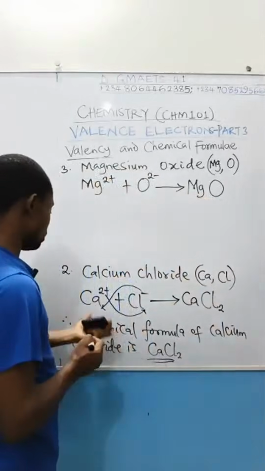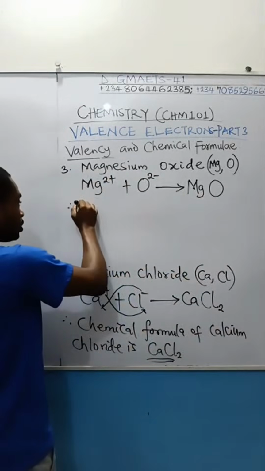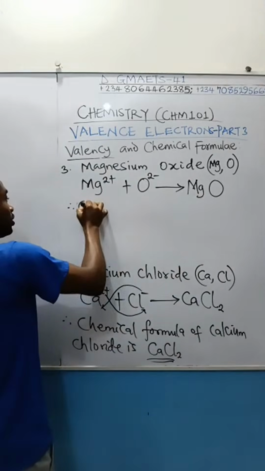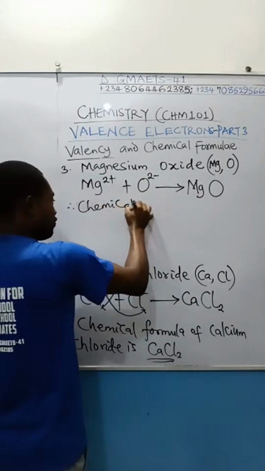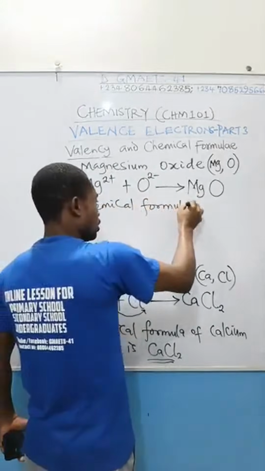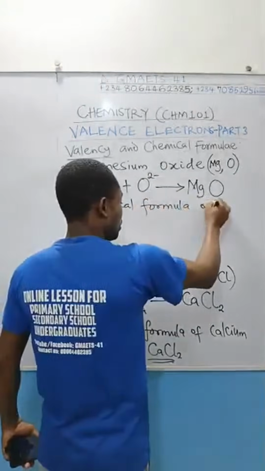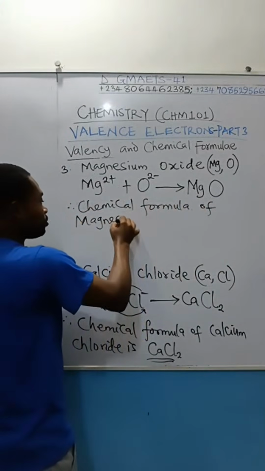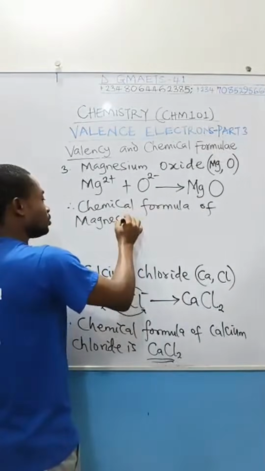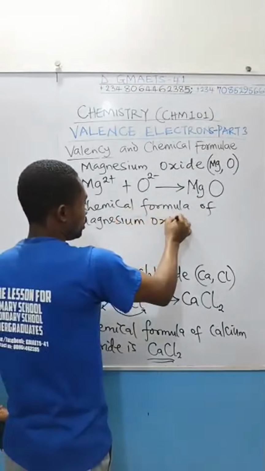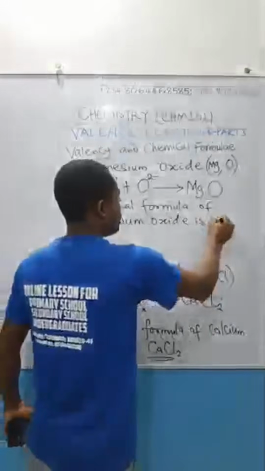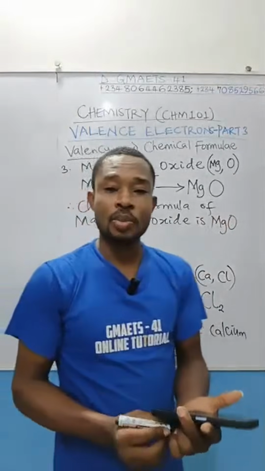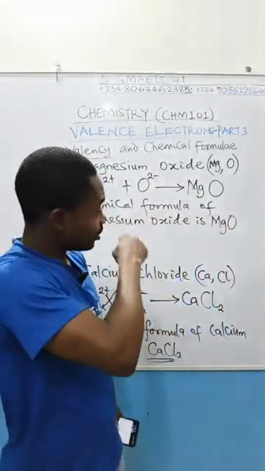So we conclude, therefore, the chemical formula of magnesium oxide is MgO.